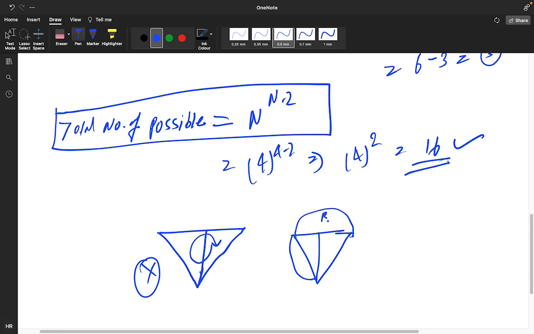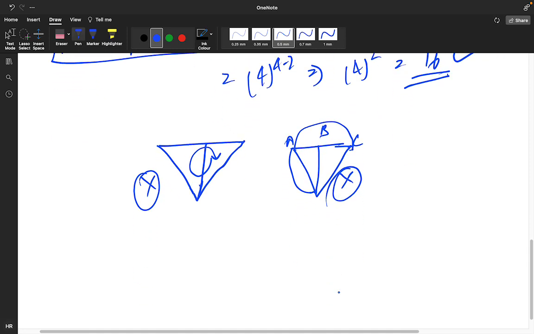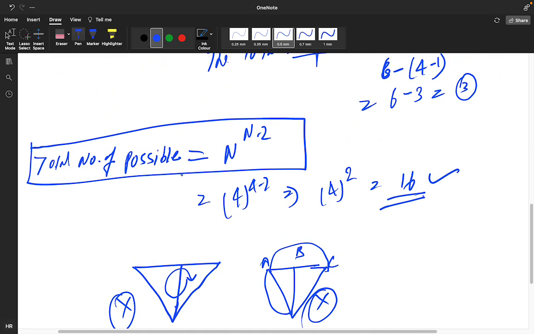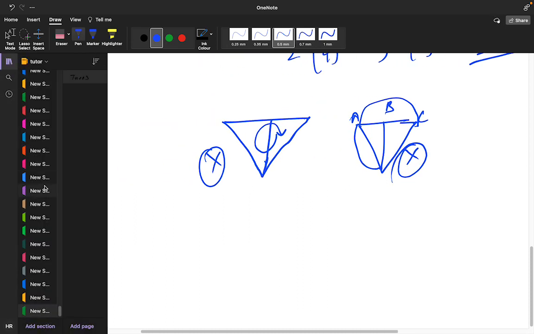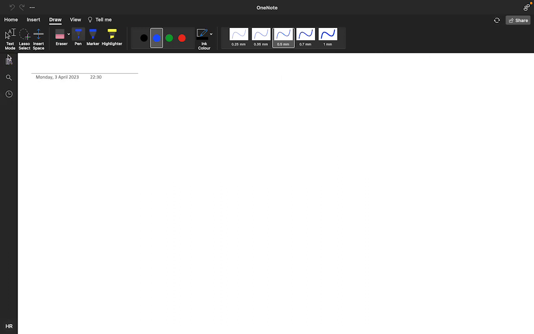This is the total number of possible trees, but if you want accurate results, there is a proper formula for finding the total number of possible trees for any graph.